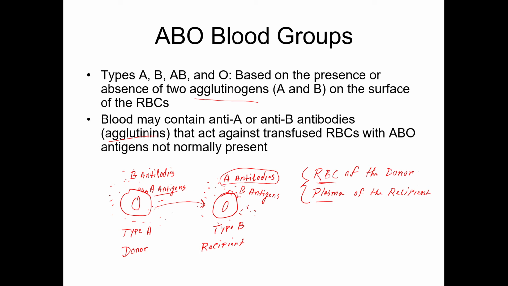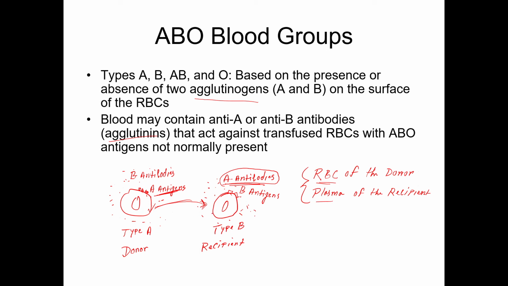These antibodies will destroy the red blood cell of the donor, because on the surface you have the same type of antigen. The antibody will get attached to the antigens here and cause the lysis of the red blood cell. So when this blood enters this person's body, all these red blood cells of the donor will be destroyed by the same type of antibodies.